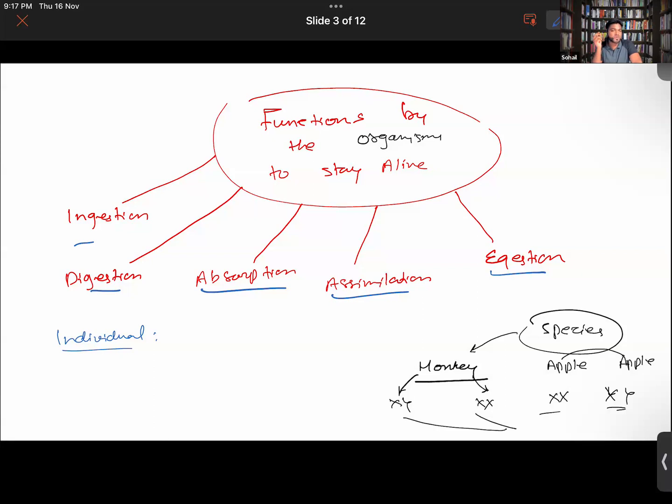Can I grow it from something other than seed? My question is, can I grow a rose plant using just its stem? Yes, sir, we have seen you can grow it, right? Exactly, we can grow it.